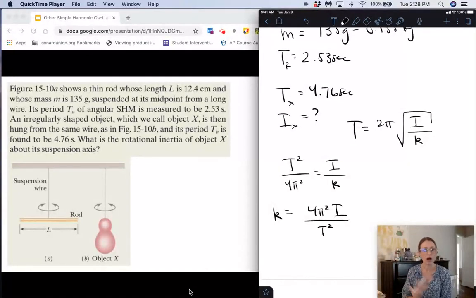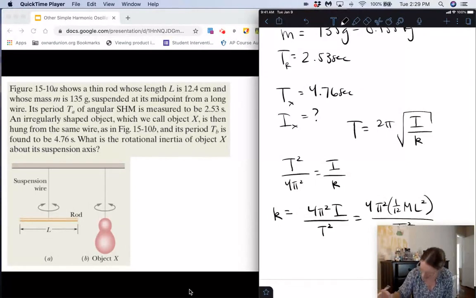Now we're talking about a rod here, and it is being rotated about a central axis. So the rotational inertia for that is going to be 1/12 m l squared. Plugging that in here, we get 4 pi squared times 1/12 m l squared divided by period squared.